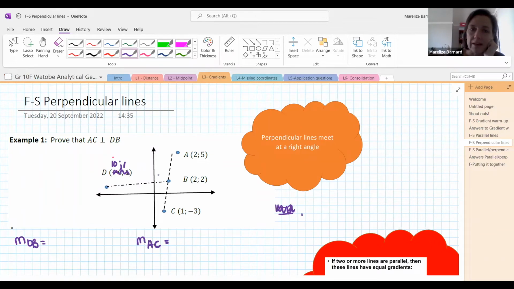Just double check that you are now working with the right coordinates for DB. It's 10 and 1. We changed it because there was a mistake.